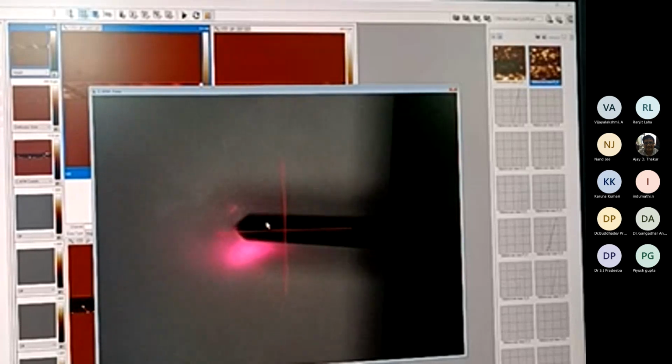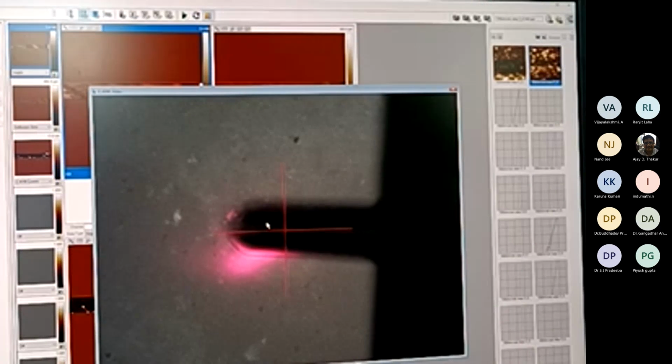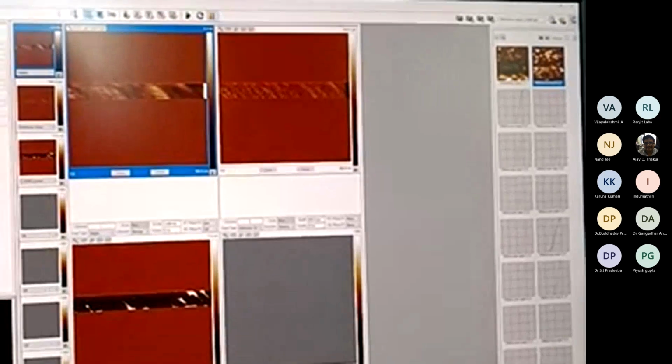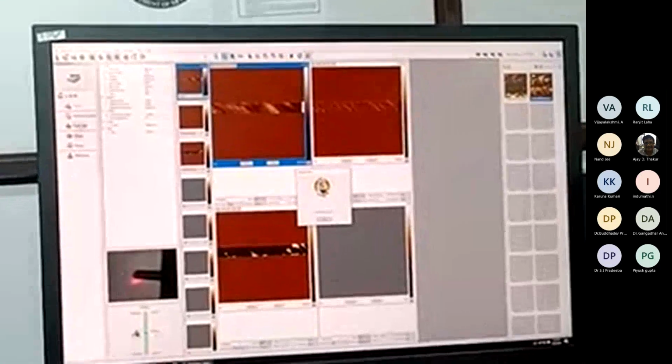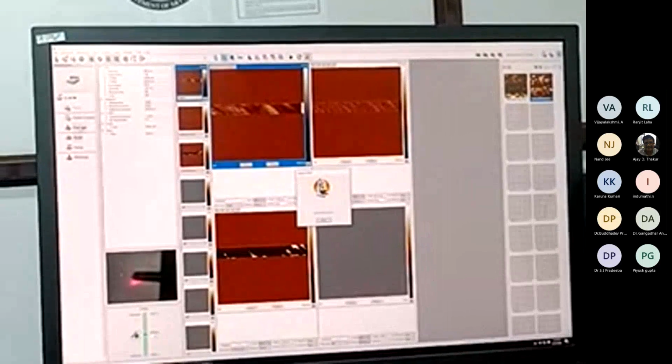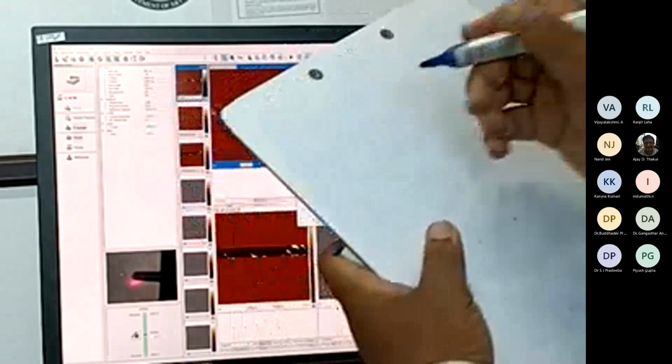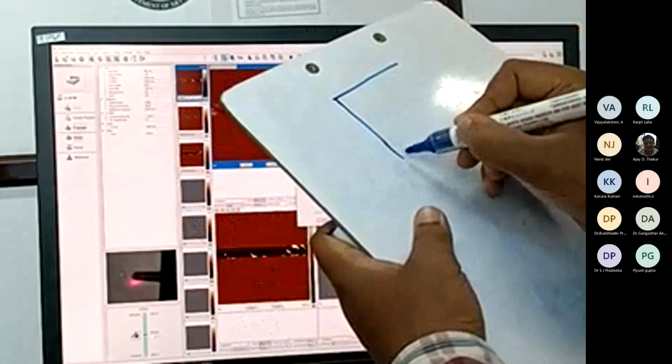So now we are going to scan it. We will approach this and we will start scanning. Meanwhile, I'm going to tell you how the photodetector works.